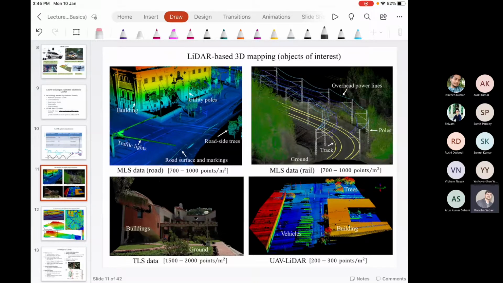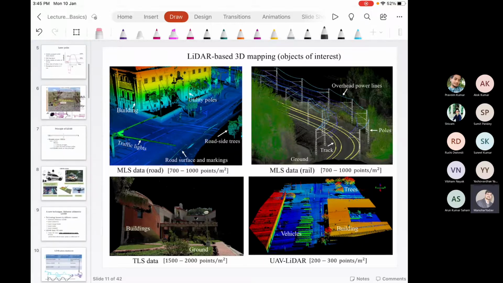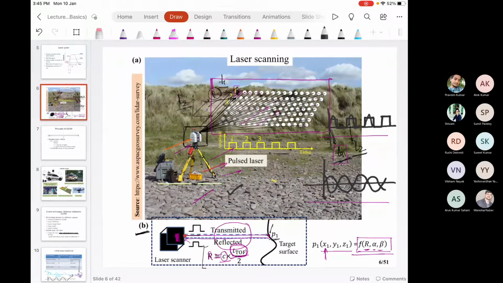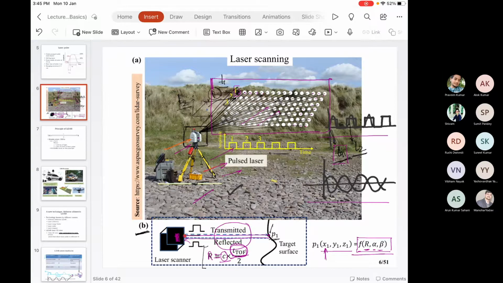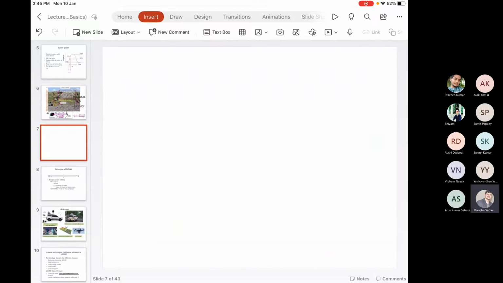Okay, there is one query. Let me add one new slide over here.